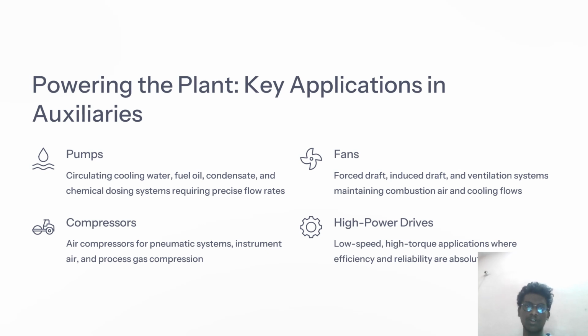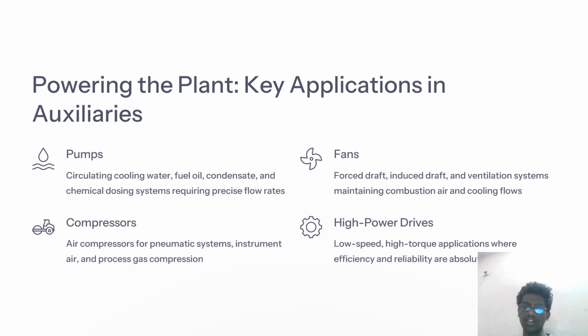These are the key points for powering the plants. Key applications in auxiliaries: pumps, fans, compressors, high power drives. Circulating cooling water, fuel oil, condensate and chemical dosing systems requiring precise flow rate.